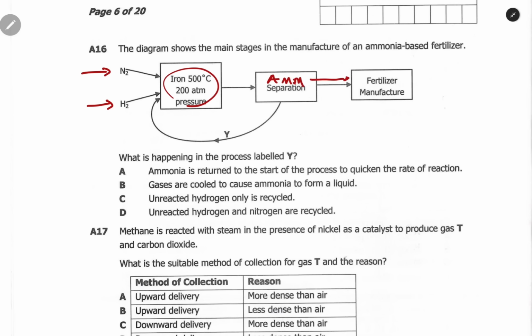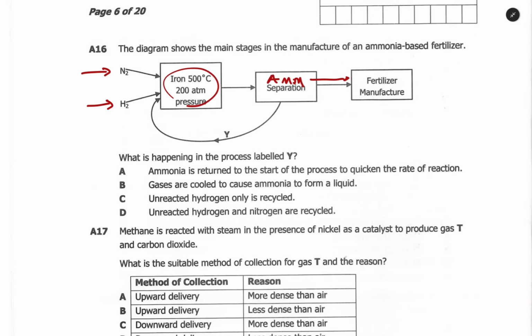Now, in the making of ammonia, you know that the compressed gas is not completely converted to ammonia at once, but instead you have some of it that remains in form of hydrogen and nitrogen.